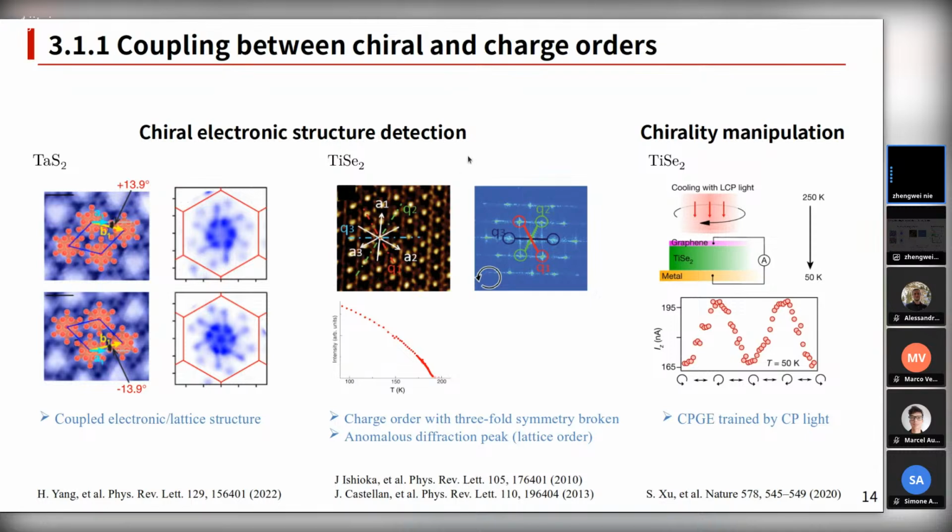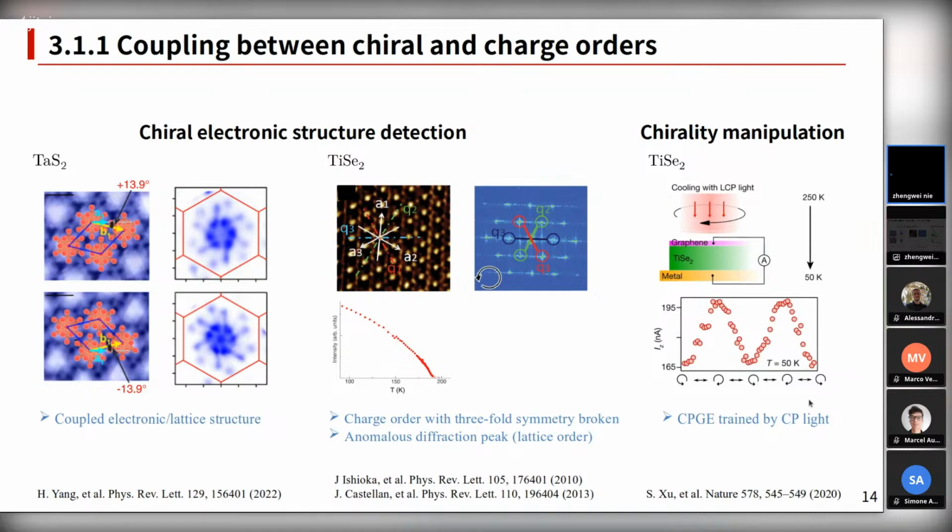And besides the chirality detections, there are also some chirality manipulations. In TiSe2, the authors used circularly polarized light to manipulate, to pump and probe the sample, and they observed the circular photogalvanic effect.